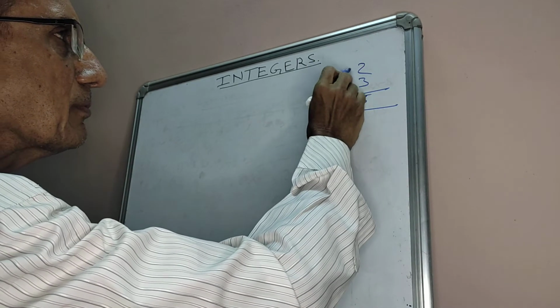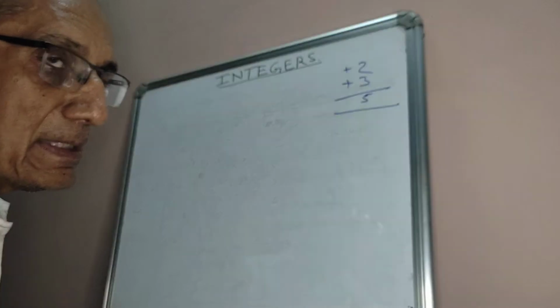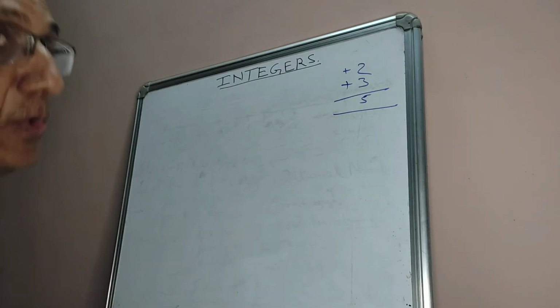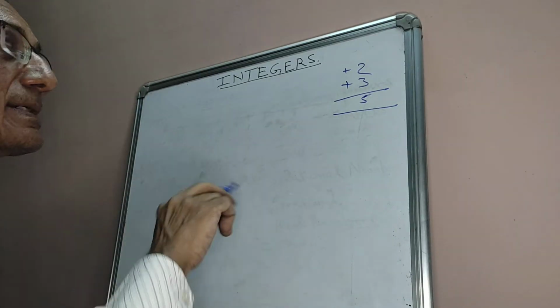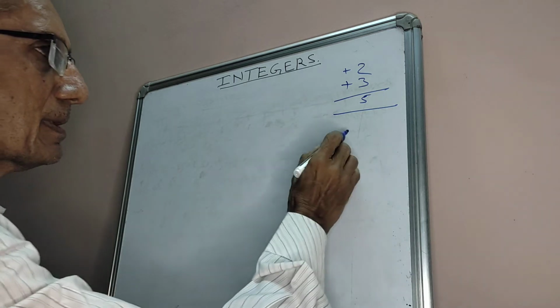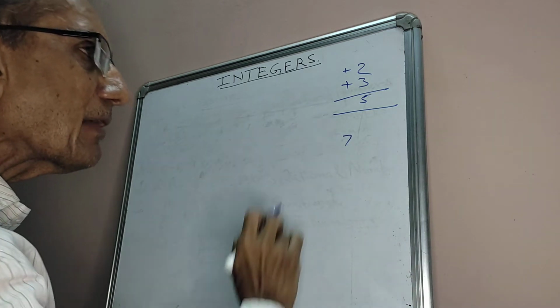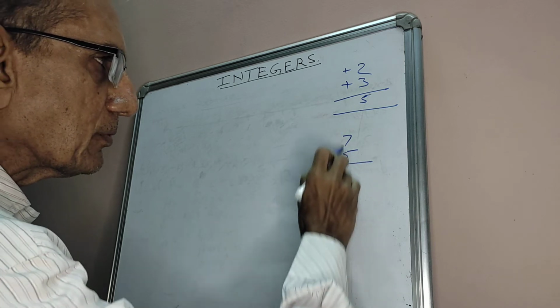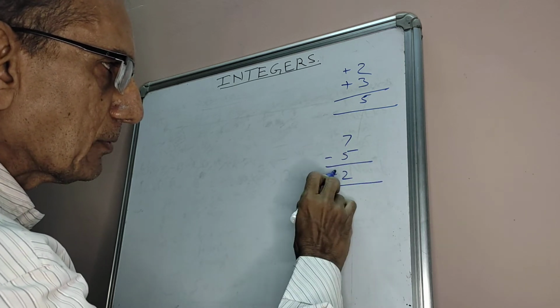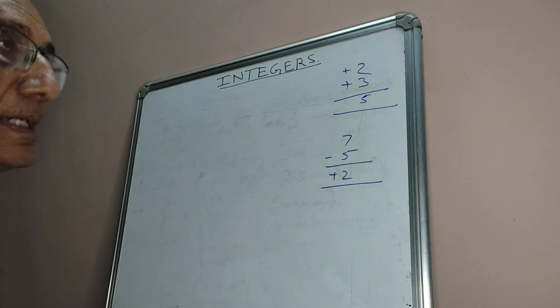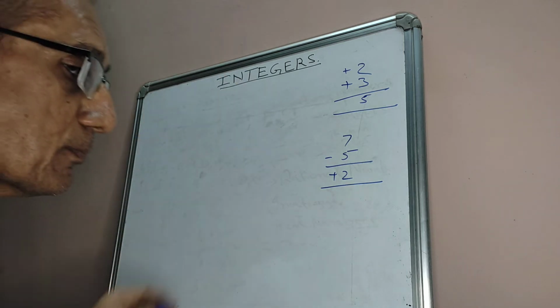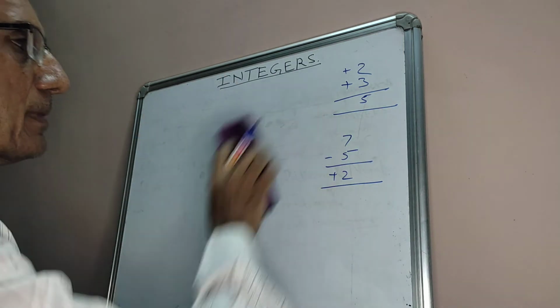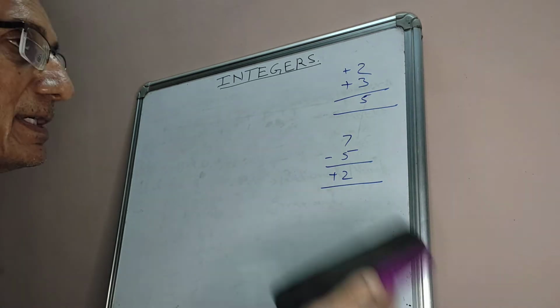And remember, both are positive, we don't have negative. Only when somebody says subtract 5 out of 7, remove 5, then you get plus 2 over here. This was simple, which we already know and did earlier.